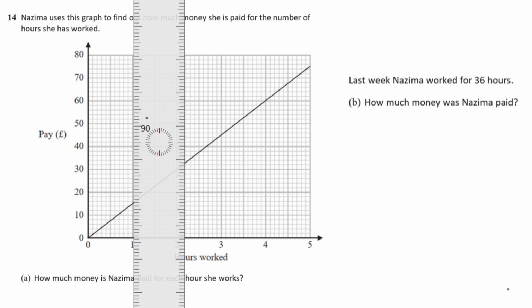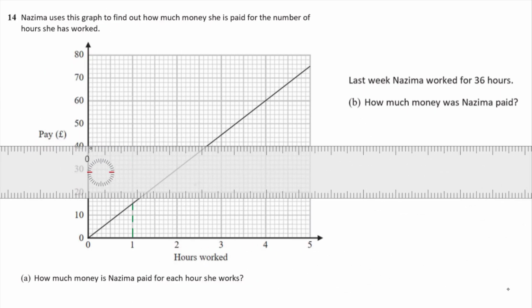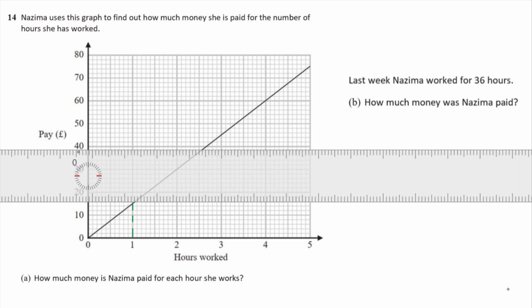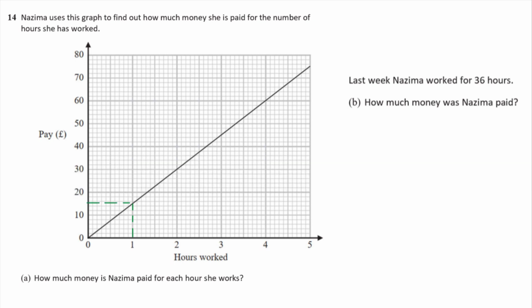So let's read up from 1 until we hit the graph, and then we're going to spin around and go the other way. It's a good idea to show your method on the graph like this. So it's pointing halfway between that little square there, isn't it?